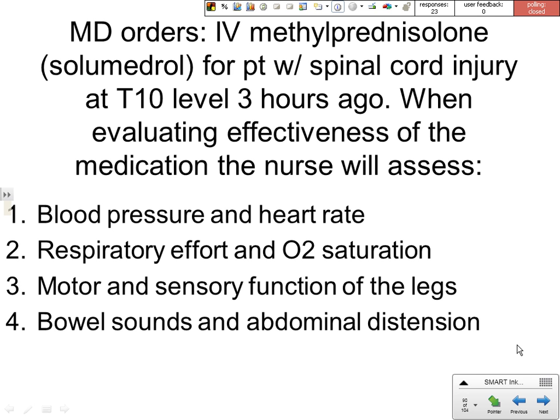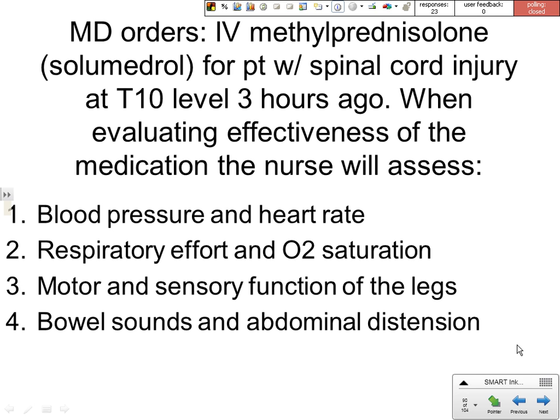When evaluating the effectiveness of this medication, those are the key words. When you see that, you ask yourself what? Why did we give this medication? Why did we give the Solu-Medrol? The anti-inflammatory properties of reducing the swelling of the spinal cord, minimizing the motor and sensory deficits that we would anticipate.